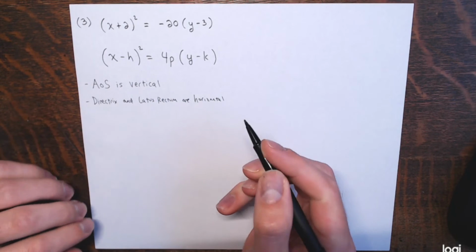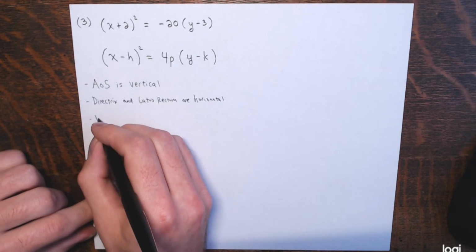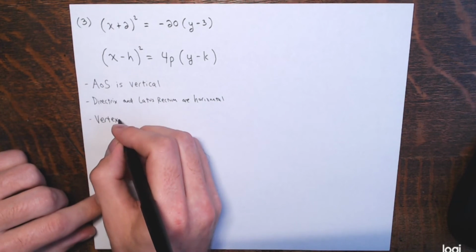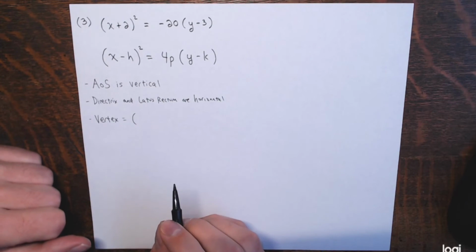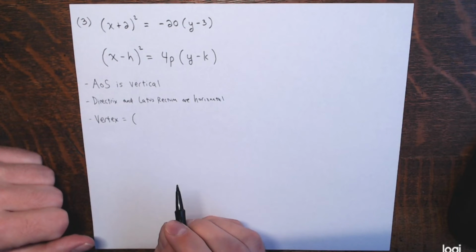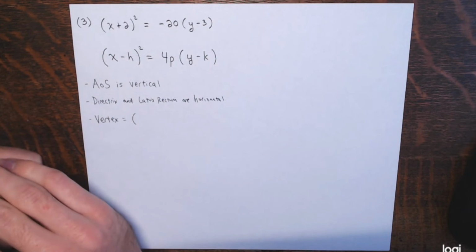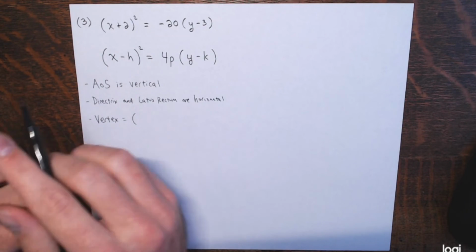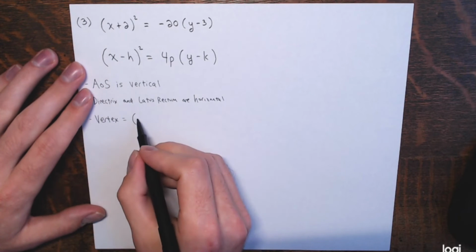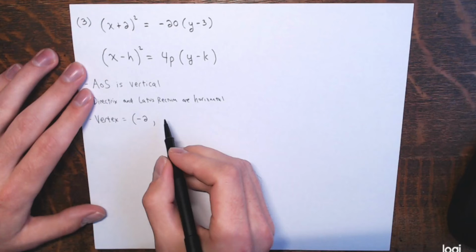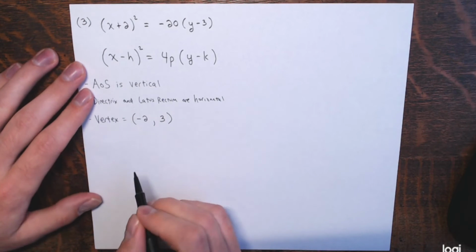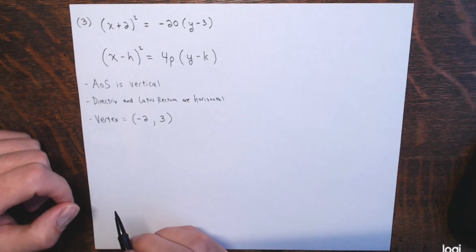All right, and the vertex, again, should be simple enough. Just what value of x and y could you plug in to get 0 equals 0 when you're in this standard form? Well, you'd have to plug in -2 for the x to get 0 on the left side there, and then +3 for the y. So the h and the k are -2 and 3.